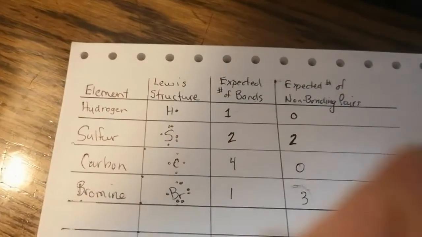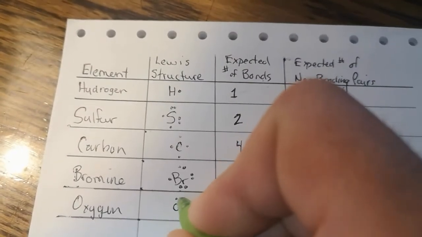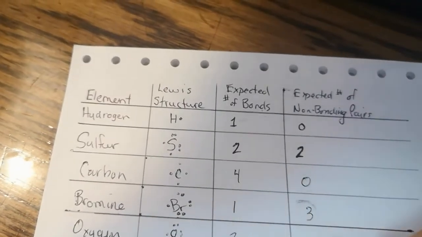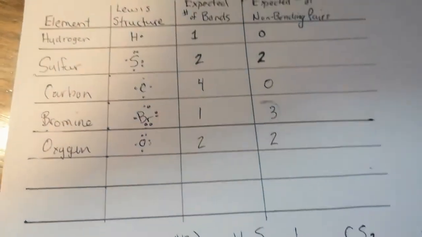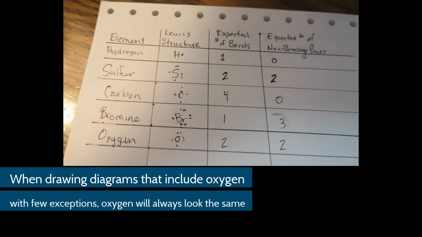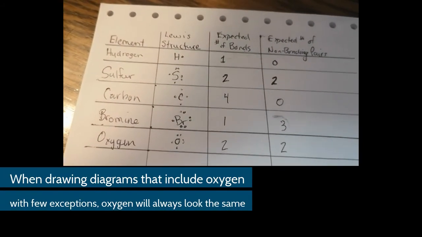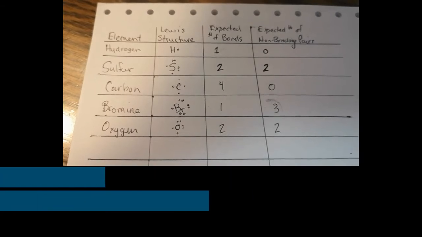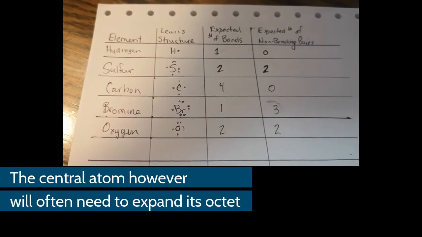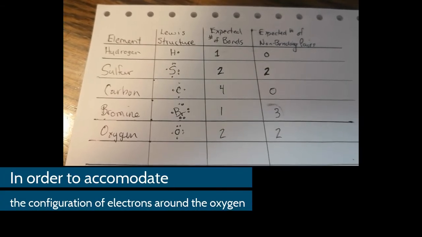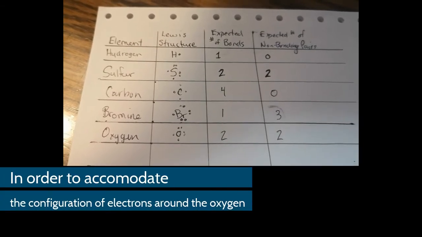Now, oxygen, with its 6 valence electrons, we expect to have 2 bonds and 2 non-bonding pairs. Now something's going to have to give here. Oxygen and sulfur are both going to be fighting for these electrons. And there's a number that tells us who wins, and it's called the electronegativity. Oxygen with its electronegativity of 3.5, and sulfur with its electronegativity of, if I remember correctly, 2.8, means that oxygen gets to win.